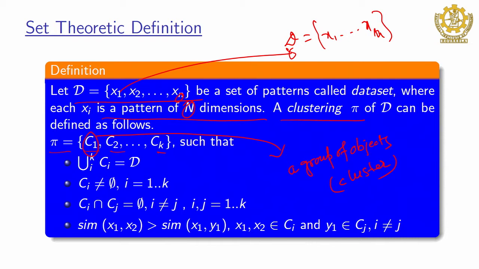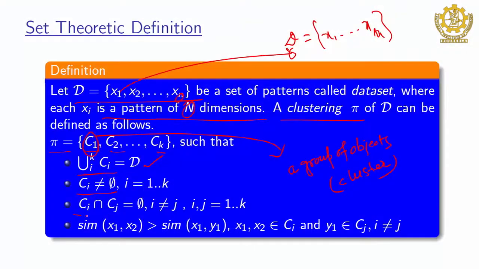The entire data set will be divided into a number of groups or clusters, and the condition is that when you take the union of all groups, you get the original data set. And no cluster can be null, so there should be at least one point in each cluster.